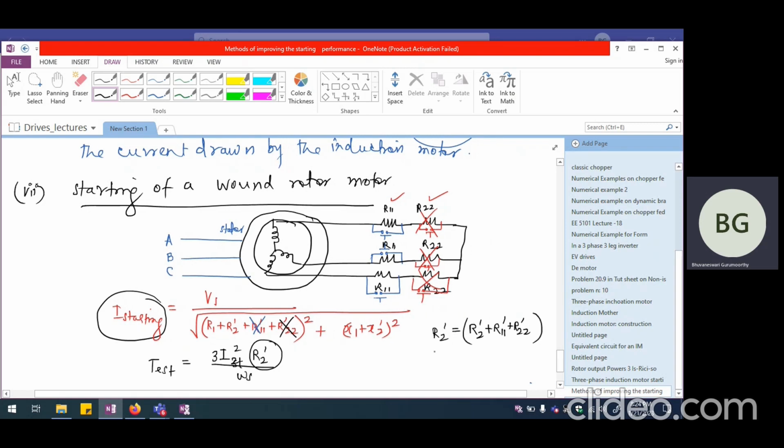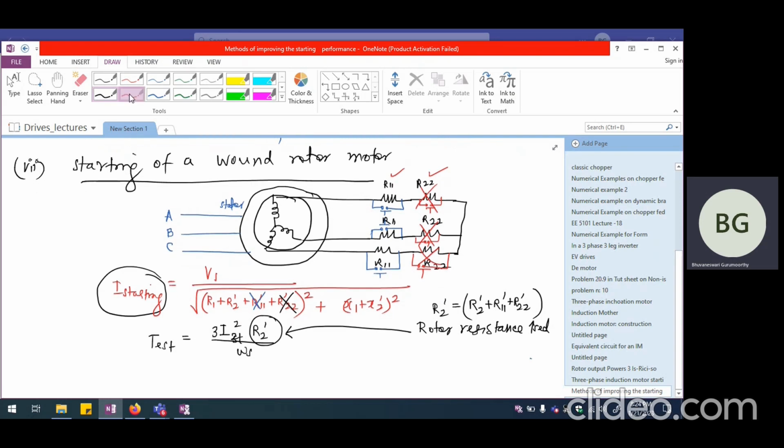So overall rotor resistance is increased. We will be able to increase the rotor resistance only in a wound rotor induction motor, and it will have an increasing effect on the starting torque as well.